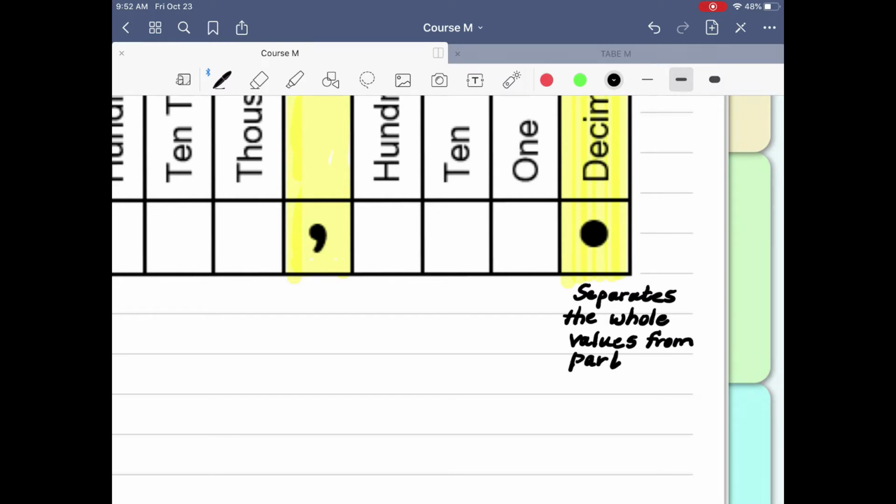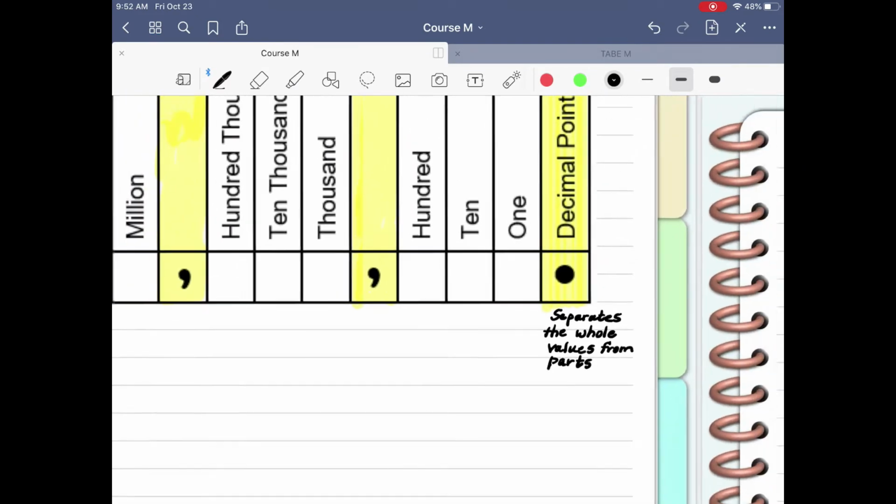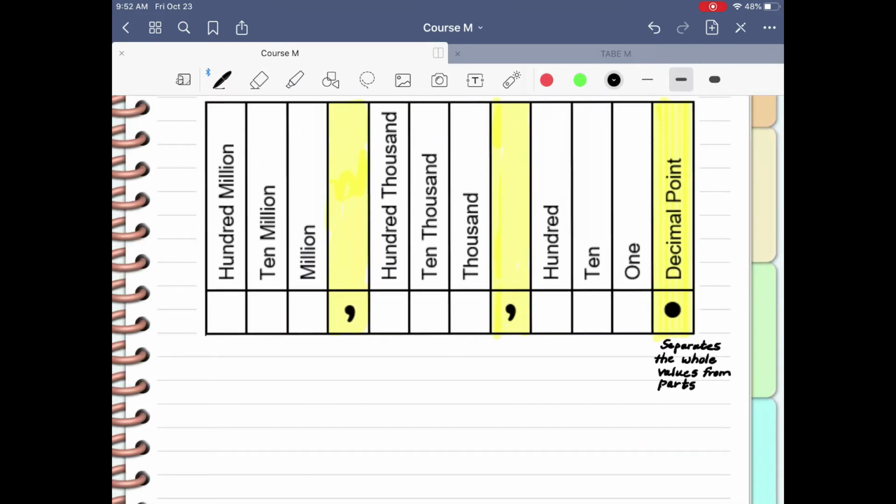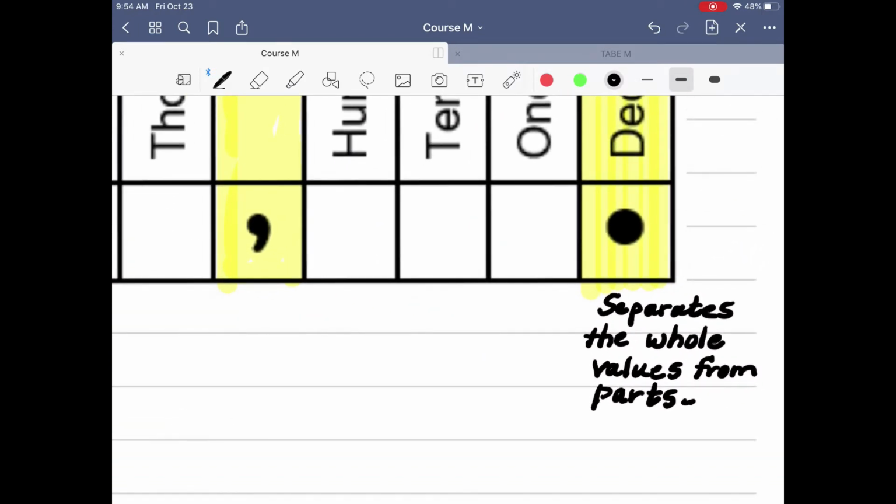So let's suppose that I'm buying a taco and it costs $1.25. The decimal in that $1.25 separates the whole dollar bills from the coins. It separates the whole from the fractions, the parts. And a decimal can only appear once in a number. Only one decimal per number.